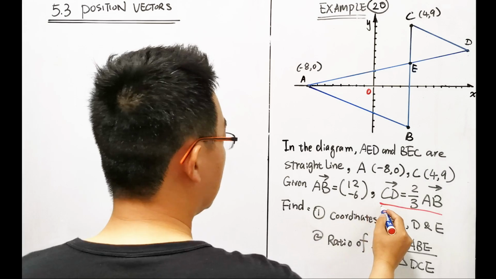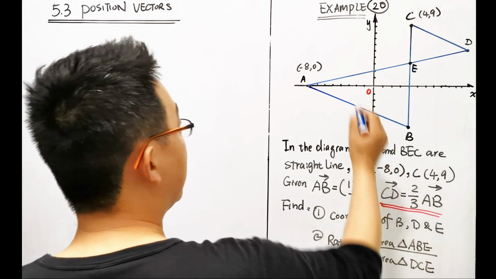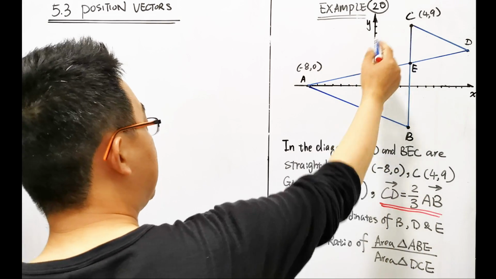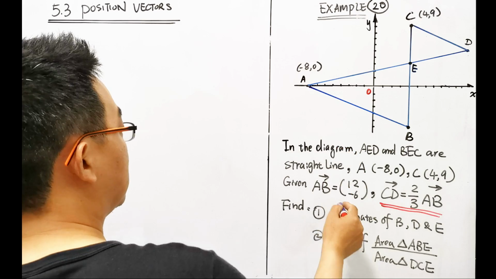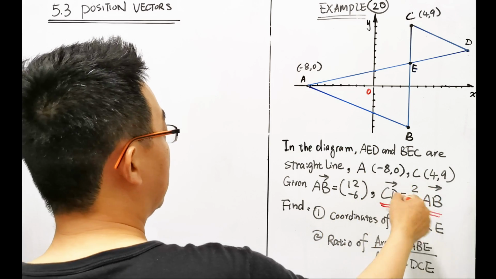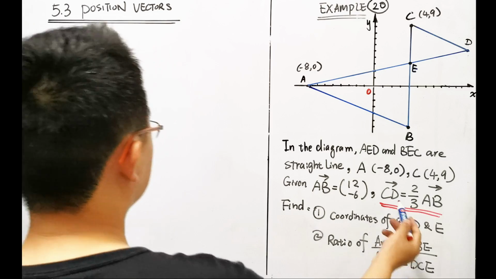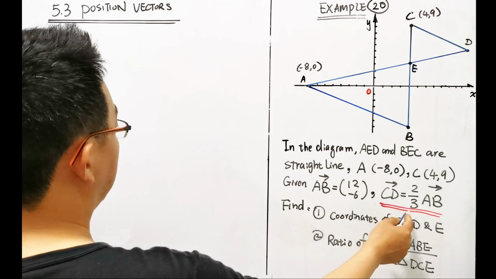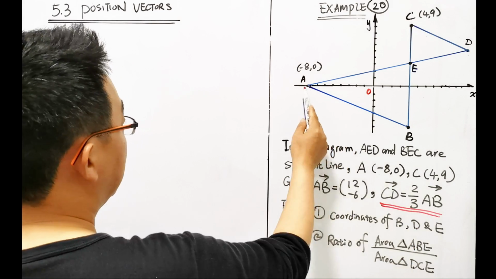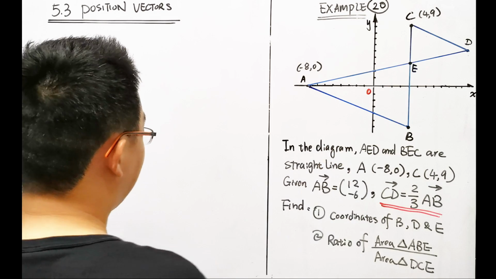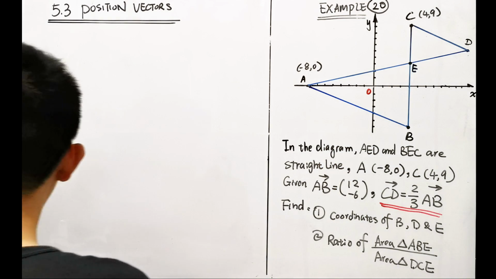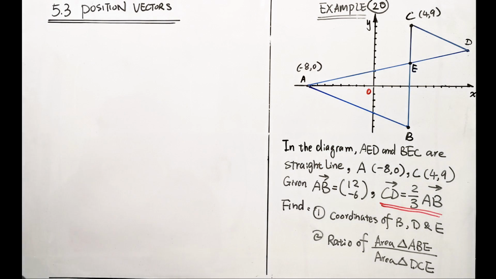We already underlined the information: we know two points, A and C, and the vector AB in column form. We also know CD equals 2/3 of AB, so AB is parallel to CD. Now let's look at the solution.